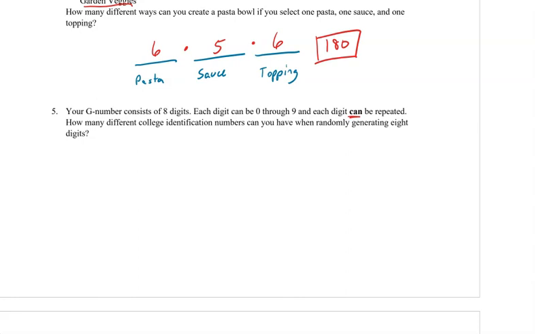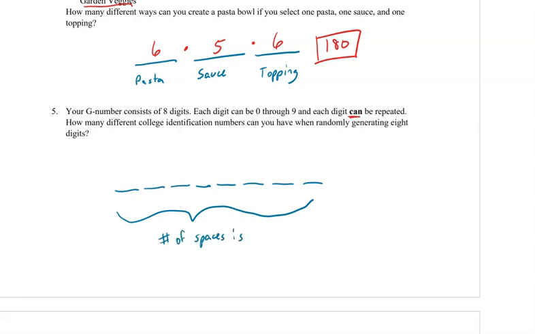Okay, so this time we have 8 digits that our G number can be made of. So I'm going to put 8 spaces. Keep in mind, the number of spaces is how many digits we want.